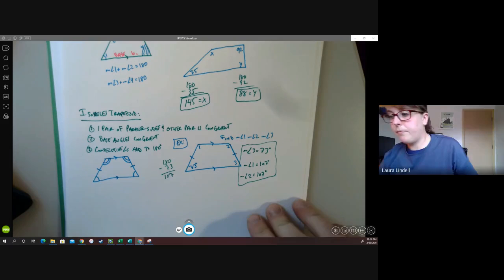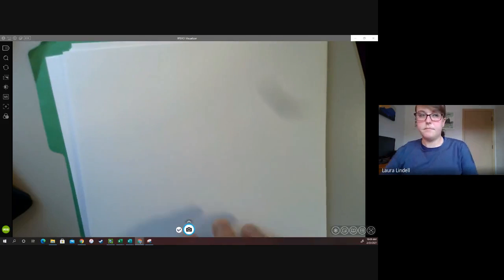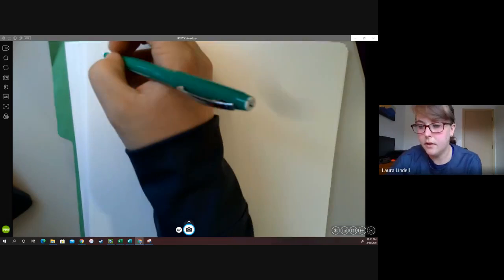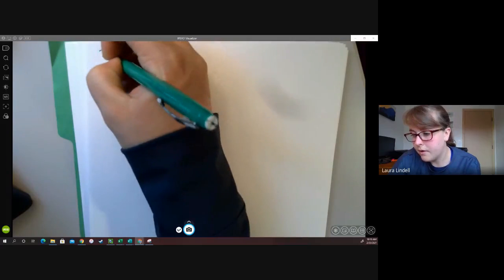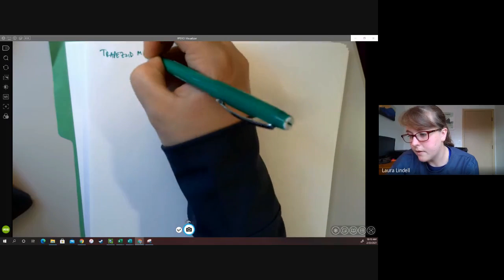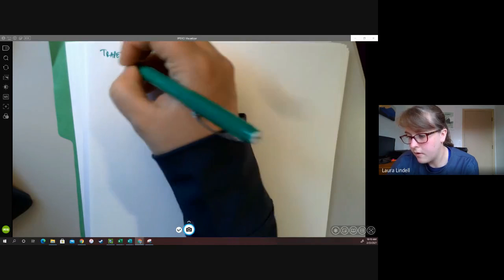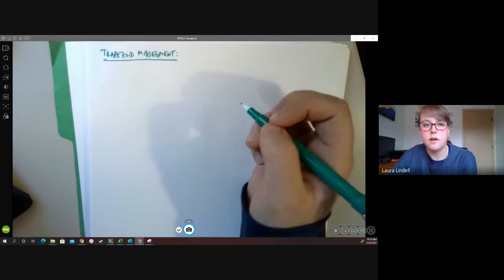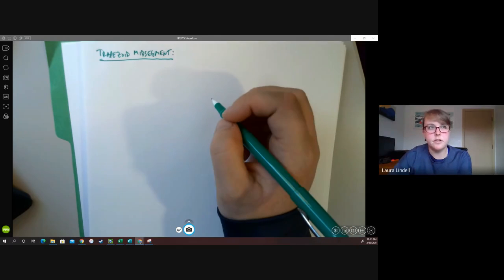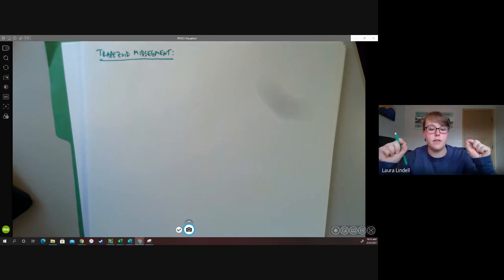So here we go. Trapezoid mid segment. Okay, so the mid segment, just like on a triangle, is a line connecting the middle of one side to the middle of the opposite side.